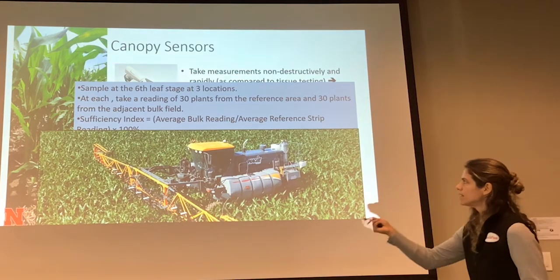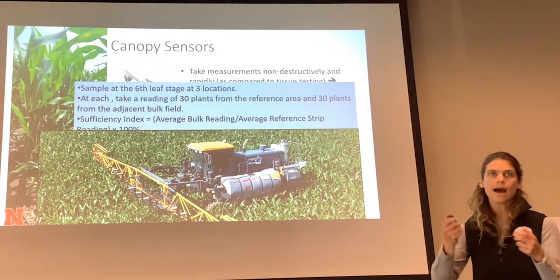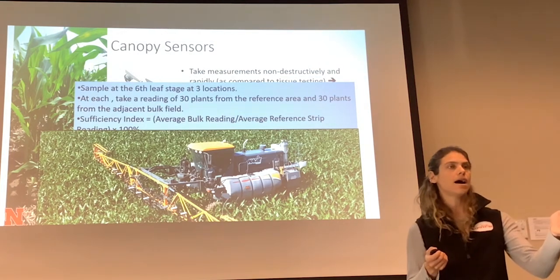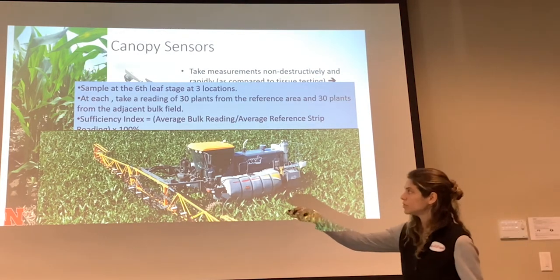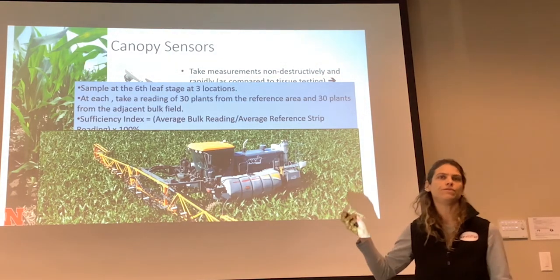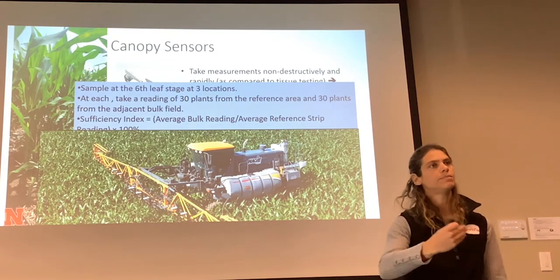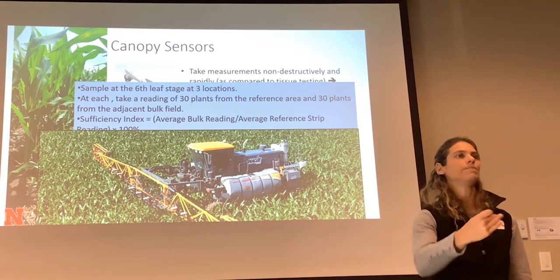And then this is the most sophisticated, or the next level, right? Where now, rather than having a handheld sensor, we have it mounted in the boom of my applicator. So this is what we have been doing for 6 years with these high clearance applicators, testing with growers the performance of these on-the-go canopy sensors.